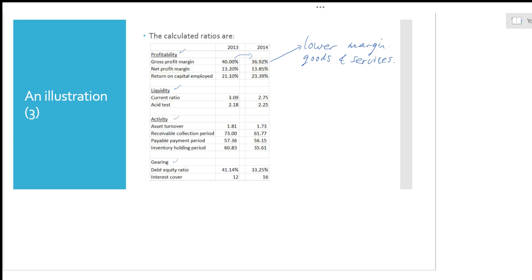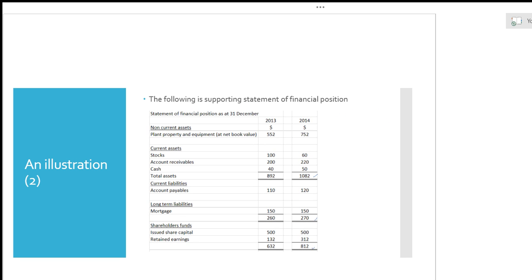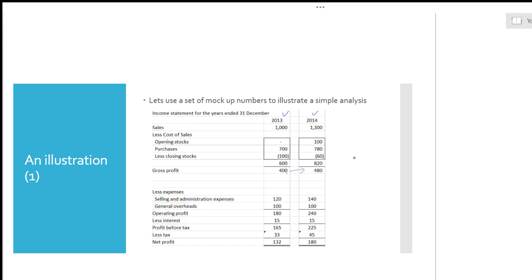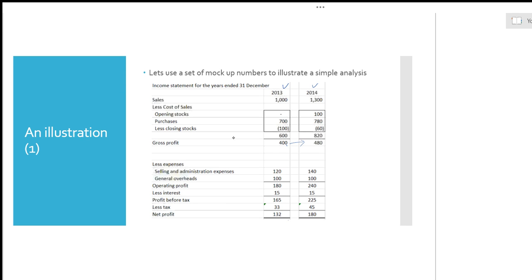How about net profit margins? Why is it that the net profit margin has strangely improved? Let's have a look. The reason why net profit margin has improved, if you notice, is that gross profit increased by 80. However, the selling and admin expenses increased by only 20. So you have a larger increase in gross profit than in selling and admin expenses, right?